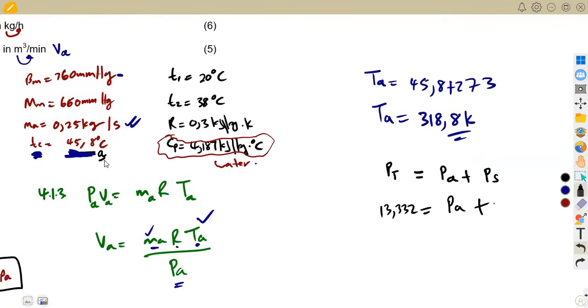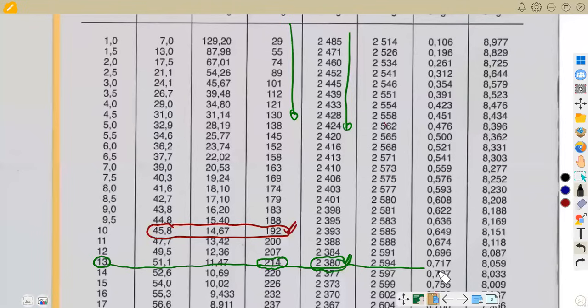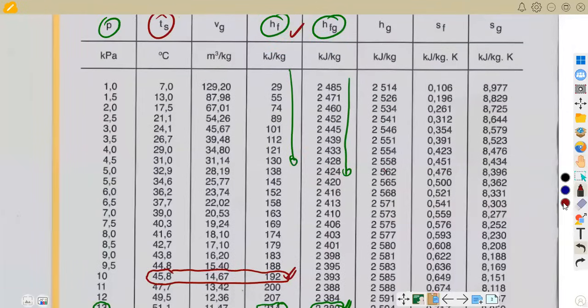So at this temperature here, what is going to be the pressure? You're gonna need our steam table at 45.8. In this case, we're gonna need the value of pressure under temperature here.